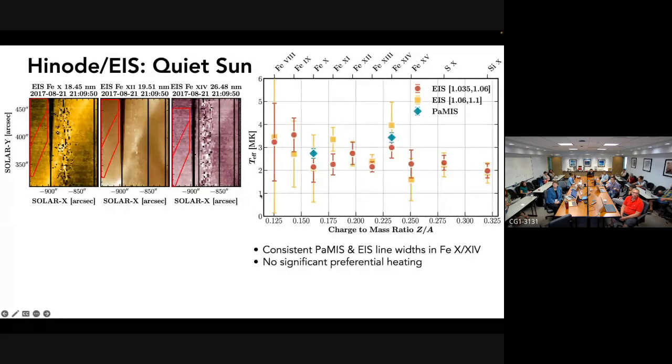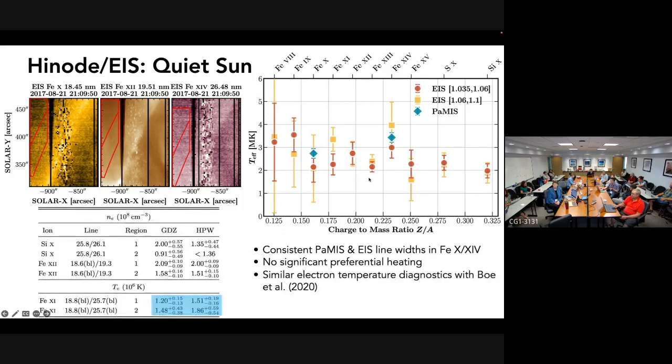So first, we found there's consistency between the PAMS measurements of the line width in iron 10 and iron 14 in this region. And we don't find significant evidence for the preferential heating of ions with different charge to mass ratio. And we also do electron temperature and density diagnostics with ICE intensity ratios.